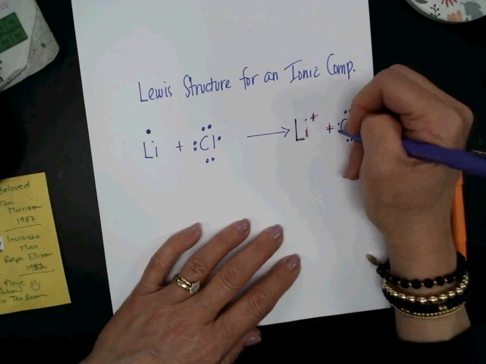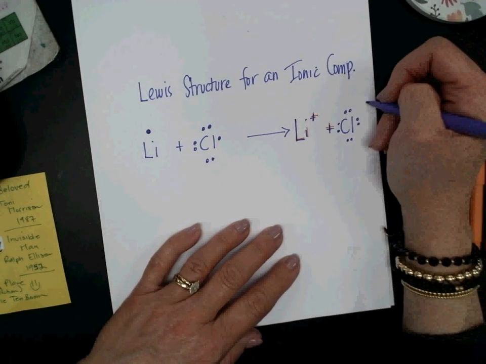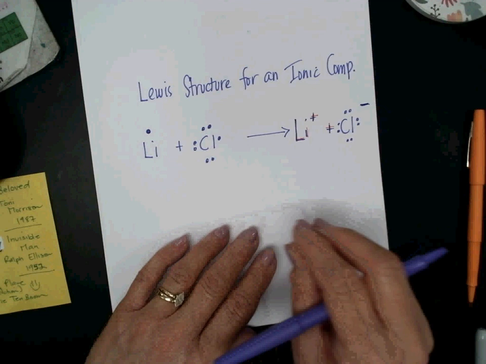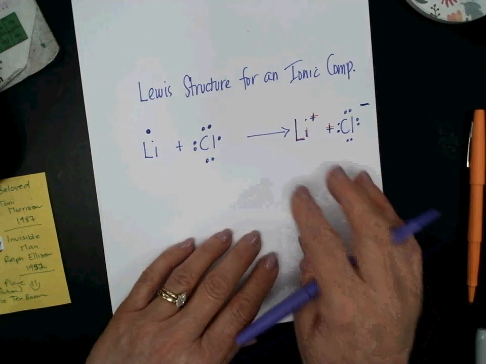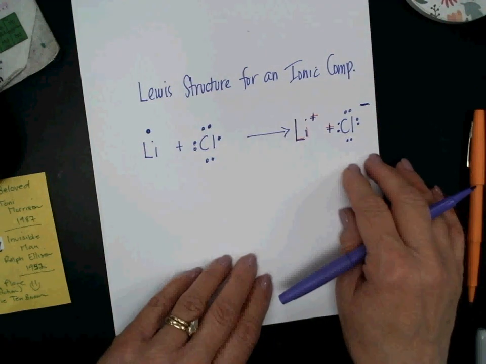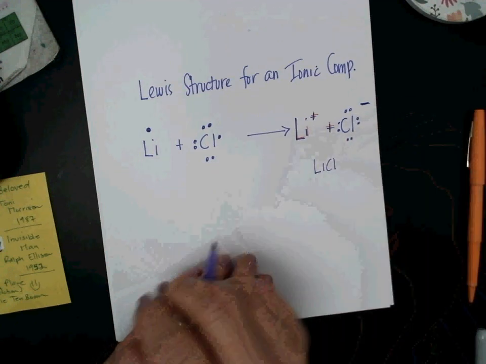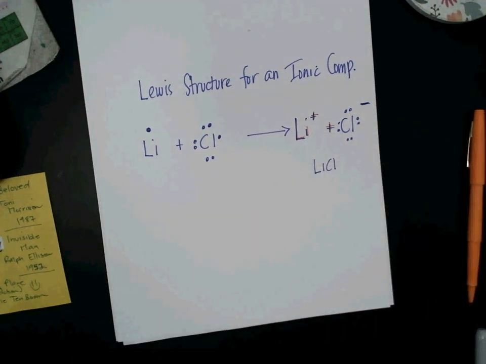So now I show chlorine with 8 electrons instead of 7. It gained an electron, and then it has a minus sign. We don't put them together like we do with covalents. We just show the transfer of the electrons. And this actually represents the ionic compound LiCl.